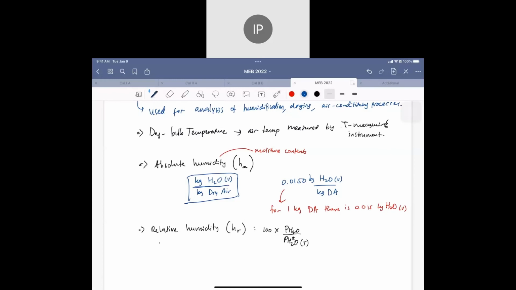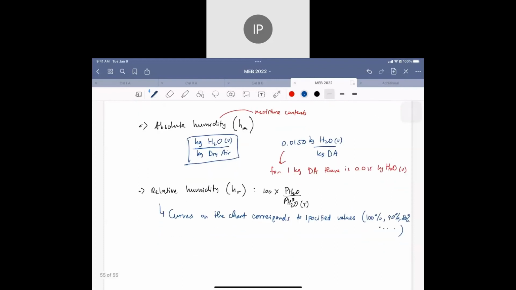It's easier to describe this using the chart, but let me just write it as the curves on the chart corresponding to specified values, which can be understood as a percentage. We will see later in the chart.